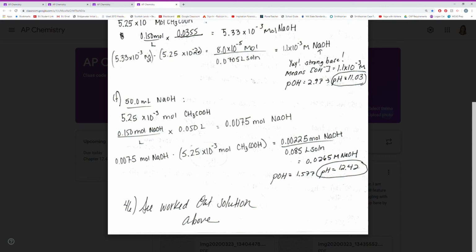Again, we don't need to do an ice table because we're still dealing with a strong base. So we just take the negative log, get a pOH of 1.577, subtract this guy from 14, and find out that we have a very basic pH of 12.42.